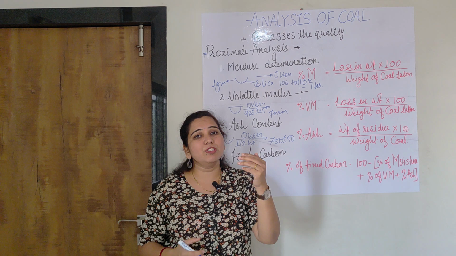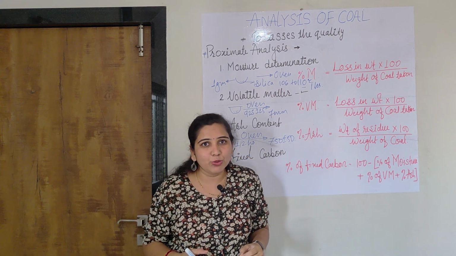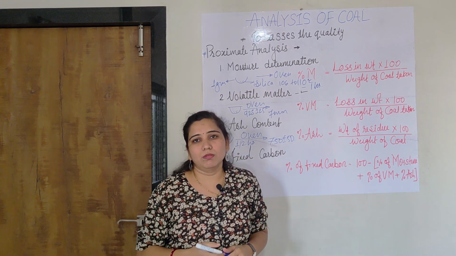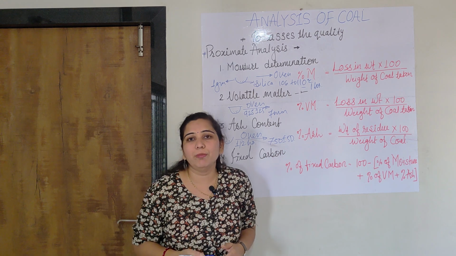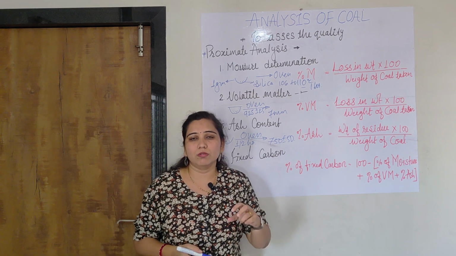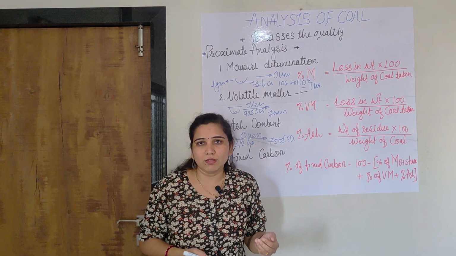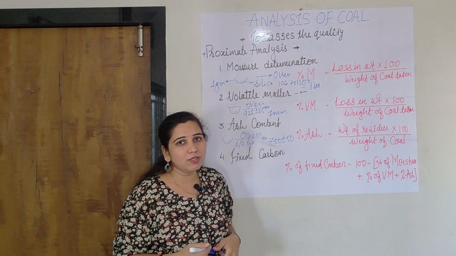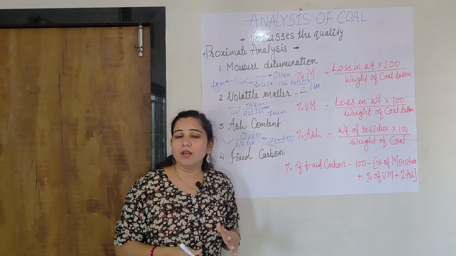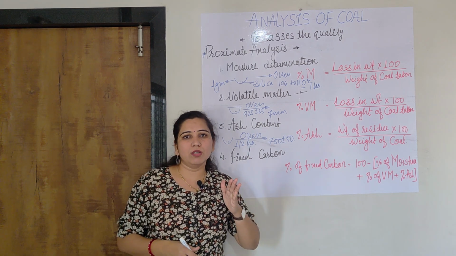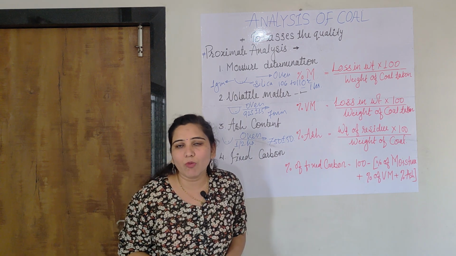Due to the presence of this solid residue, obstacles will be created, and it will be a hindrance to the process. So there must not be ash, but ash is an unavoidable thing.